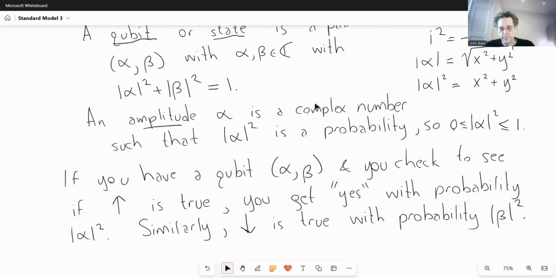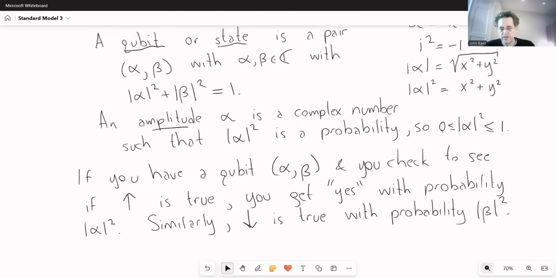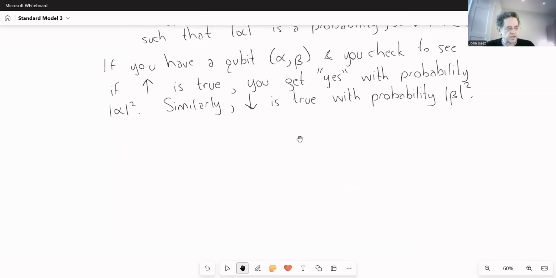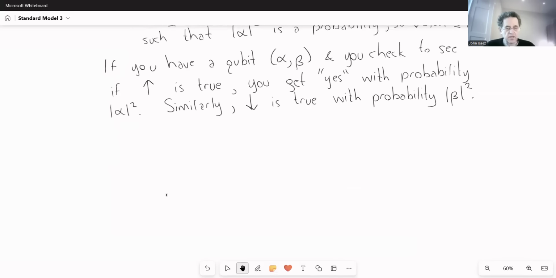Okay, but that's just the beginning of the story because something funny is going on here. And what's funny is that there are lots of different choices of pairs alpha beta that give you the same probabilities, absolute value of alpha squared and absolute value of beta squared.